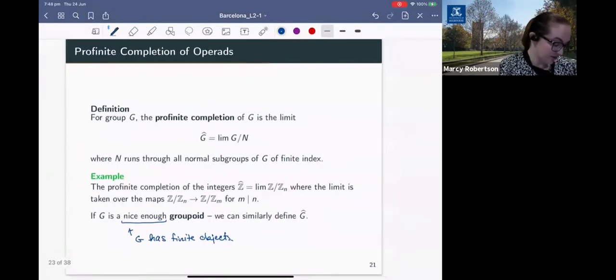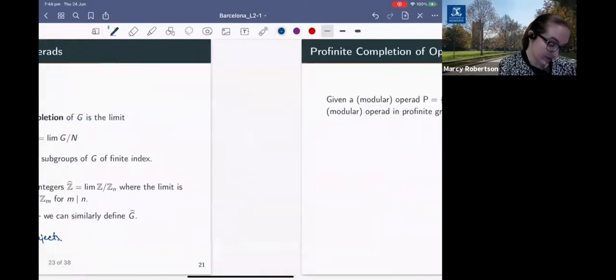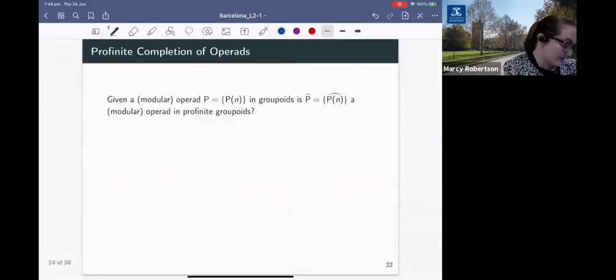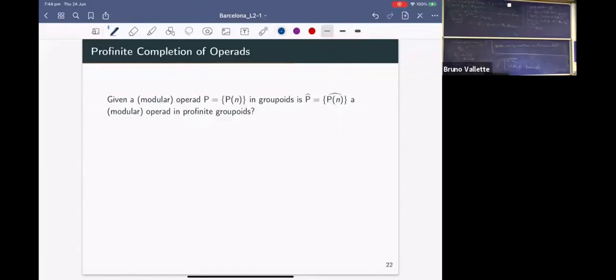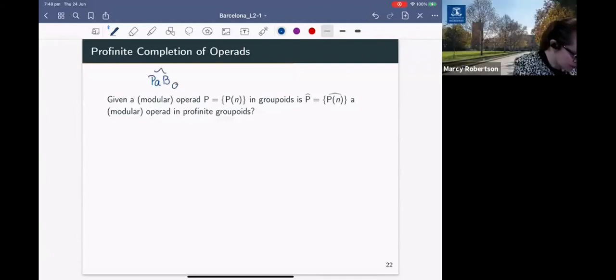Okay. So you have this notion of profinite completion of groupoids, and then the question happens. We saw how this worked for pro-unipotent completion in Damian's talk. When we write this PAB hat, that means we complete each groupoid at each n.